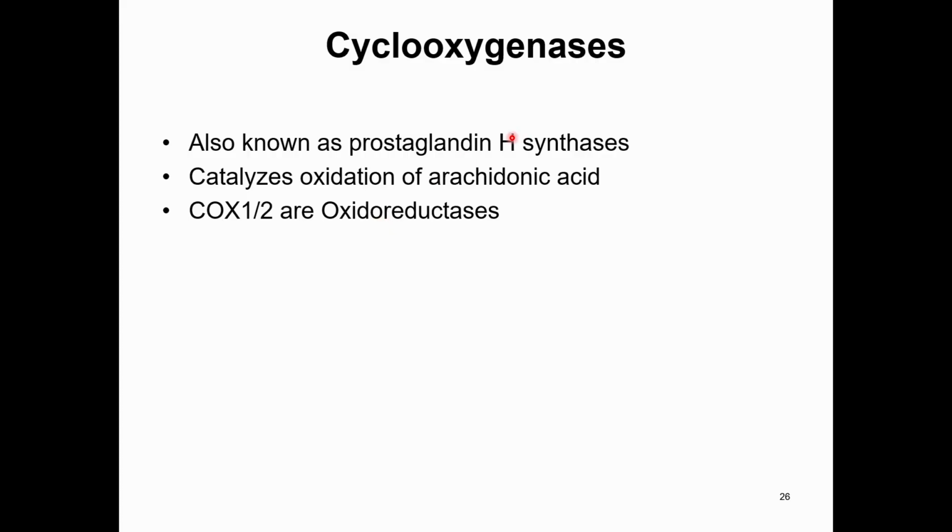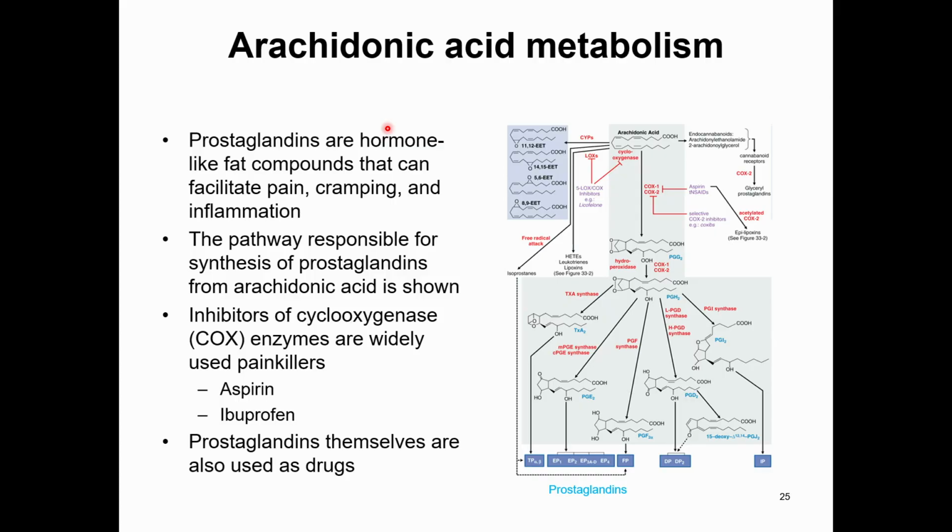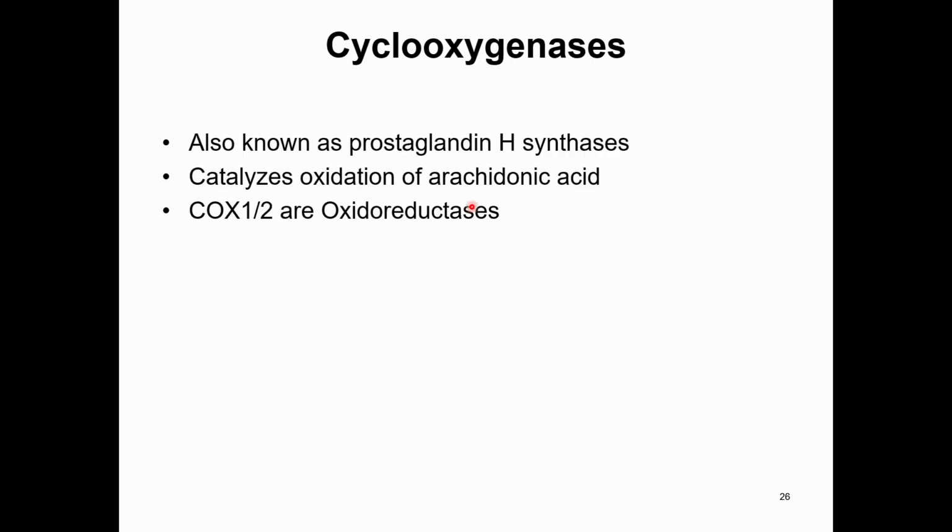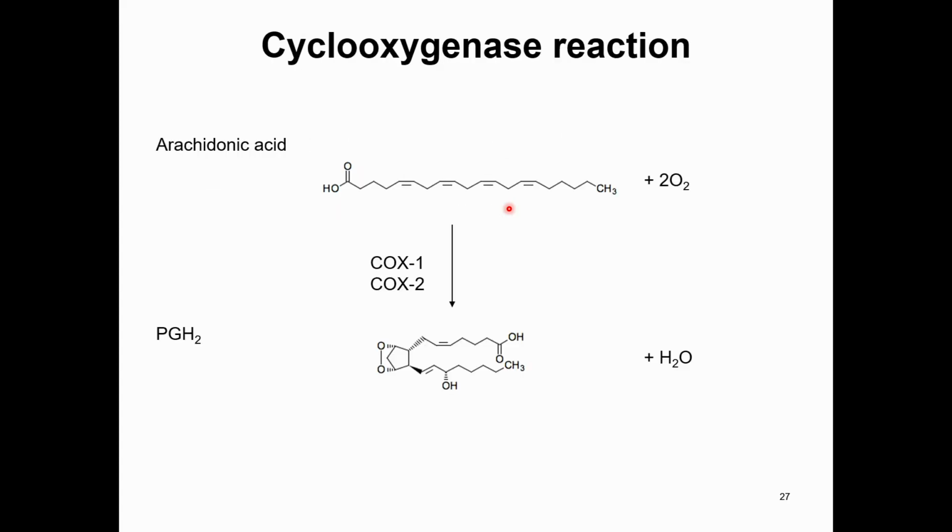But at any rate, these are cyclooxygenase enzymes, COX-1 and COX-2, and they catalyze the oxidation of arachidonic acid. They also happen to be oxidoreductases. But here is the real reaction here. Arachidonic acid eventually using COX-1 and COX-2 leading to PGH2, I think that's prostaglandin H2, kind of simplified.